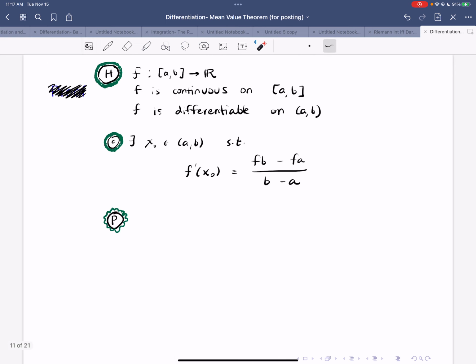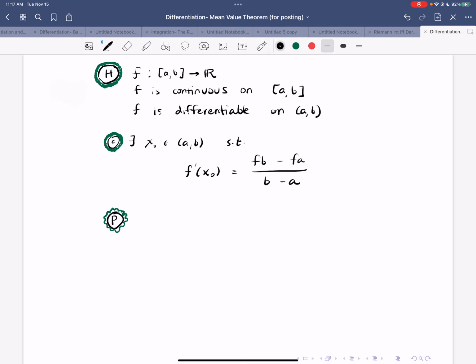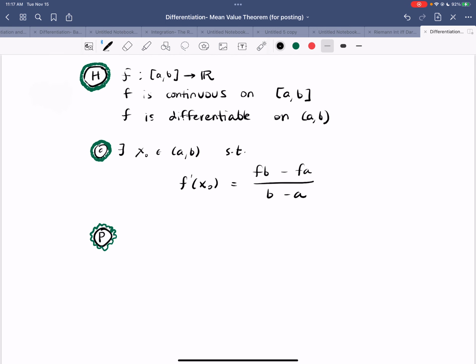So let's go ahead and do our proof here. The setup is that f is continuous on [a, b] and differentiable on the open interval. The claim is that there's some point in the interior where the derivative of f is equal to the slope of that secant line.